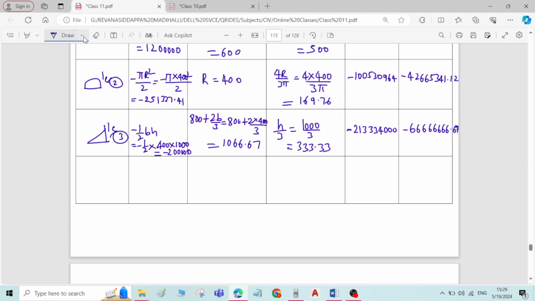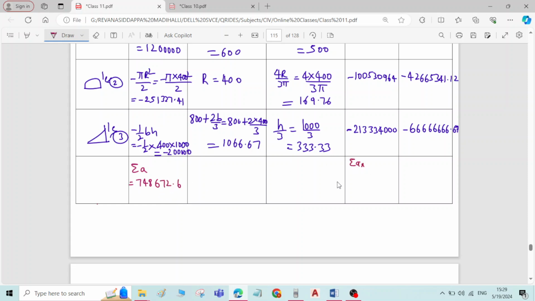Now calculate the total area. Total area is equal to 748,672.6.